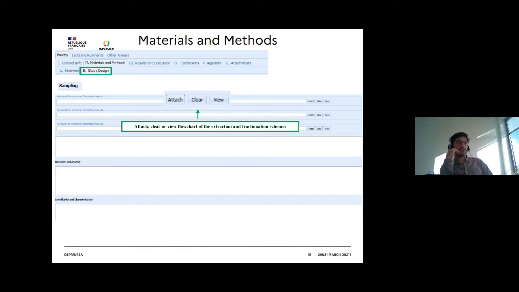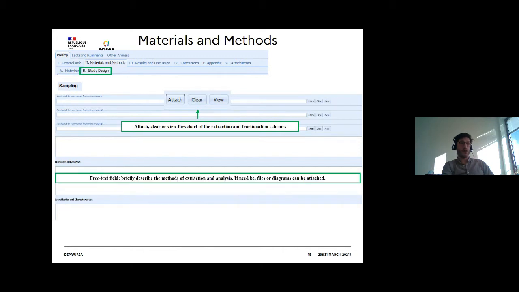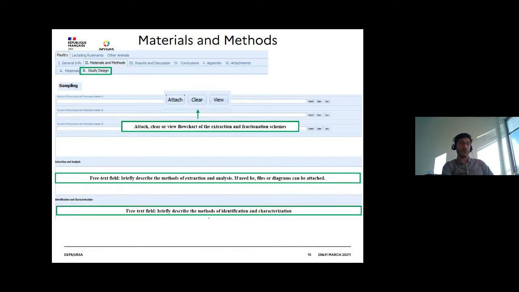Then a free text field allows you to briefly describe the methods of extraction and analysis. If needed, files or diagrams can be attached. A second free text field allows you to briefly describe the methods for identification and characterization of compounds.